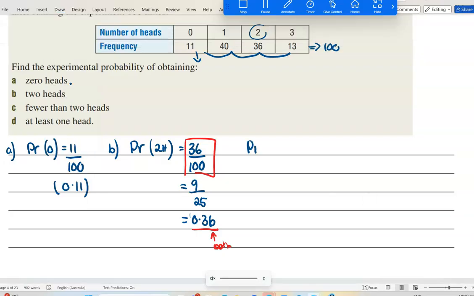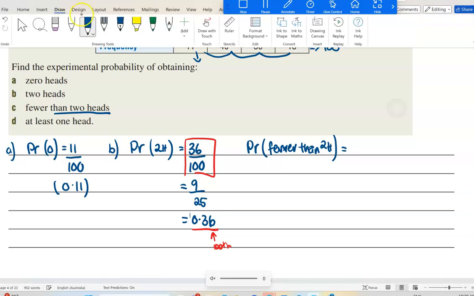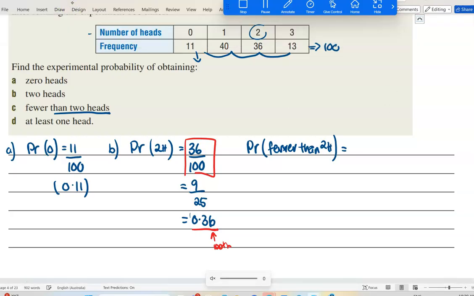Okay, so the probability of getting fewer than 2 heads. What would the actual outcomes be if it was that? It wouldn't be 2, it's fewer than 2. Would it be these 2, 0 and 1?